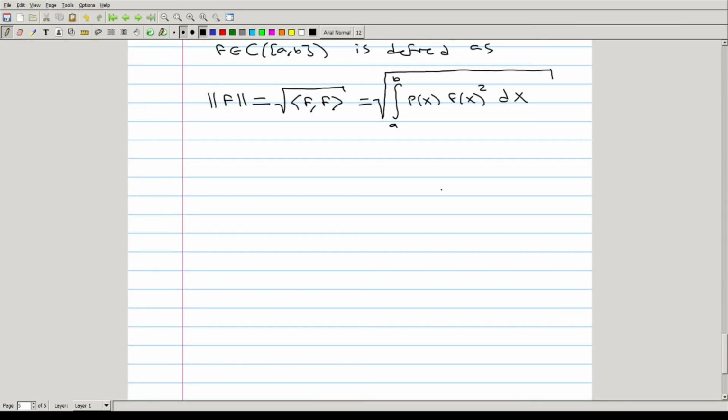Because this is what we'll be moving into is Fourier series, and this concept is very, very important in Fourier series. But using this idea, you can also define a concept of distance between two functions.